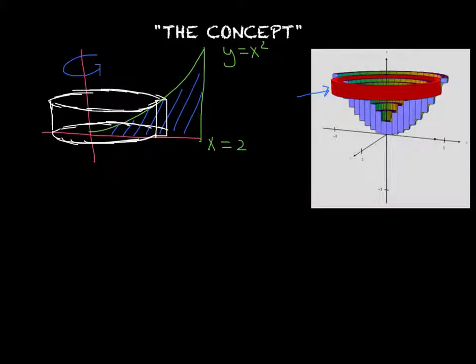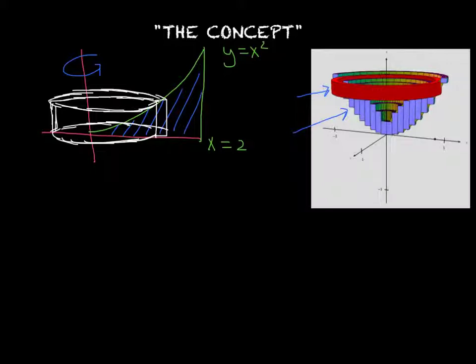Basically, when you rotate this around, it forms a cylindrical shell with a thickness, with a big opening in there. As you can see from the drawing, you're taking an infinite number of these rectangles in this region and wrapping them around the y-axis, and it's going to form a solid.